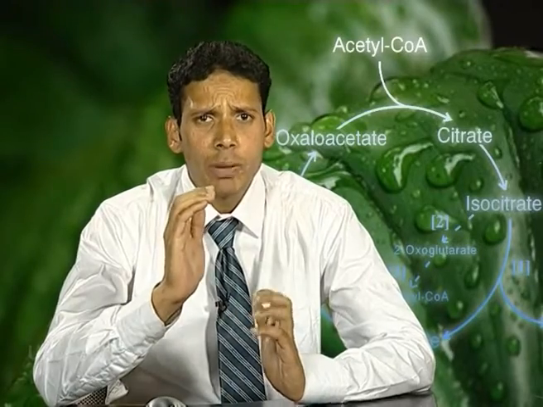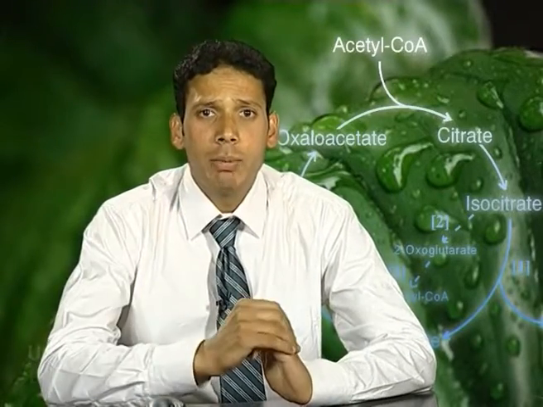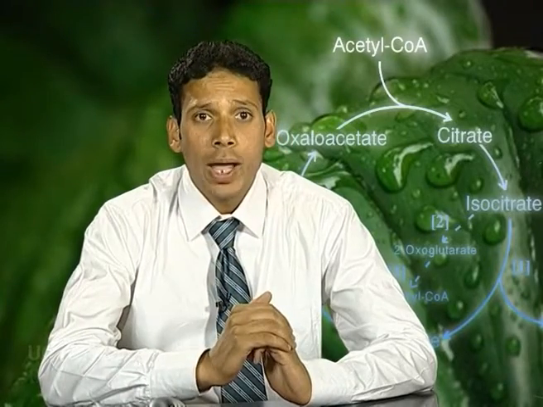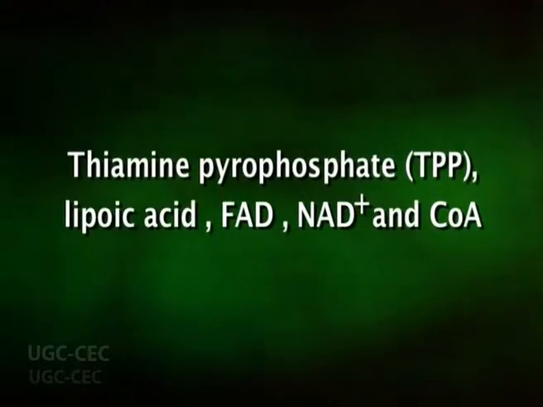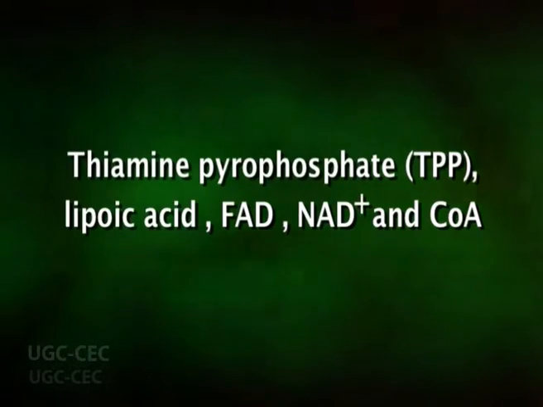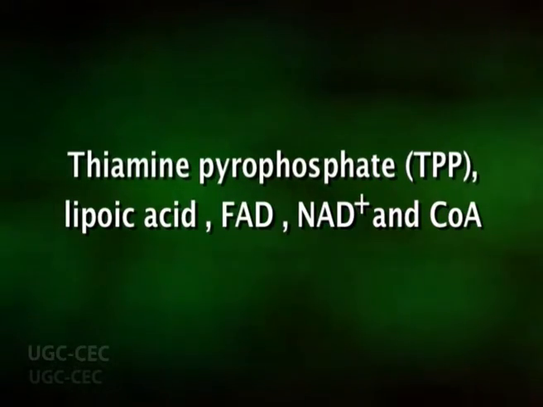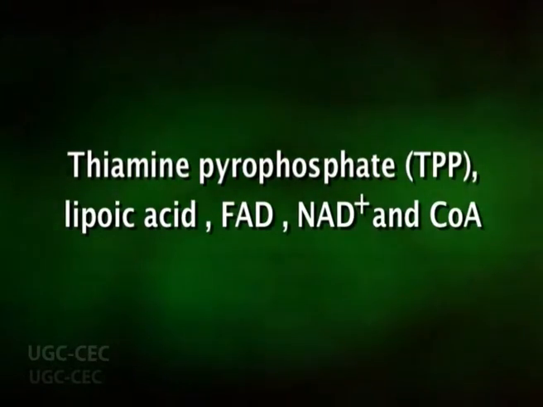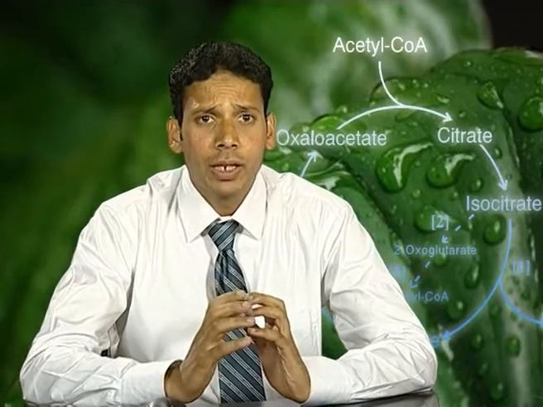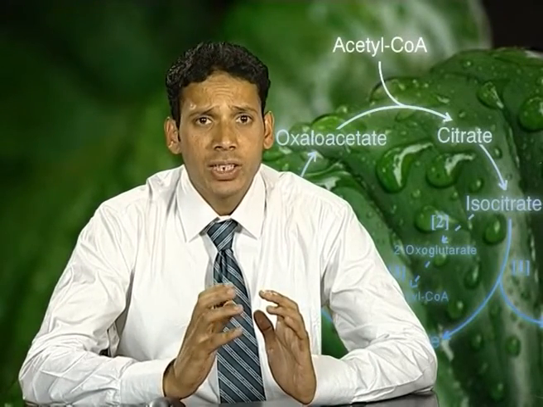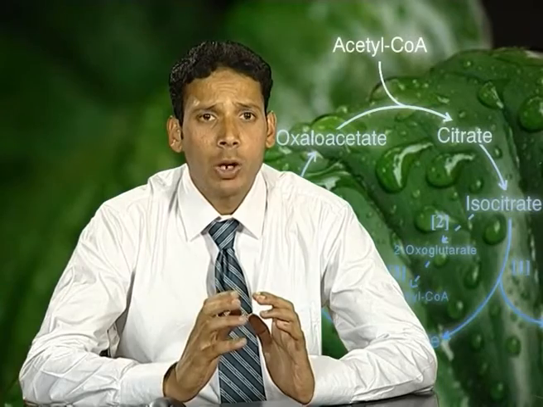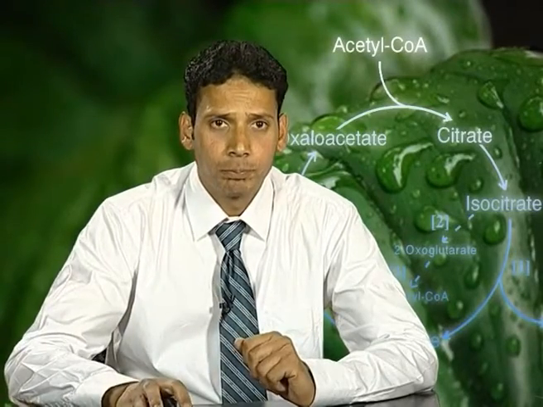The oxidation of pyruvate to acetyl coenzyme A involves the coenzymes thiamine pyrophosphate, lipoic acid, FAD, NAD positive, and coenzyme A, acting in association with E1, E2, and E3 in the presence of pyruvate dehydrogenase complex.